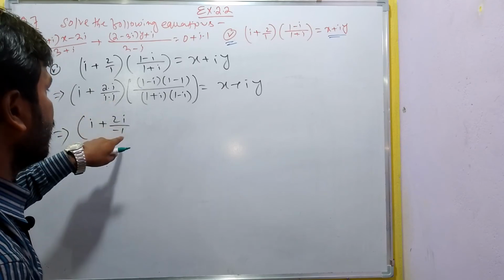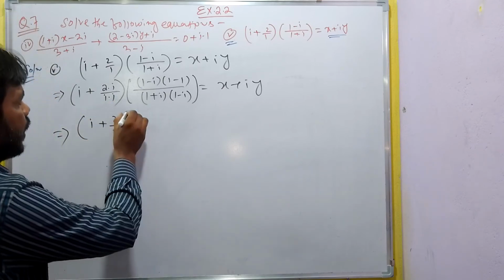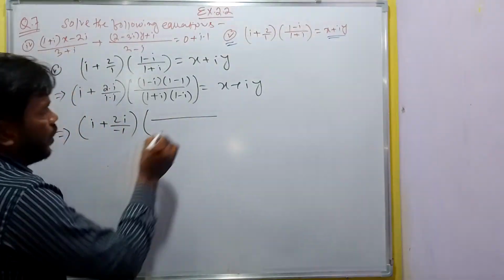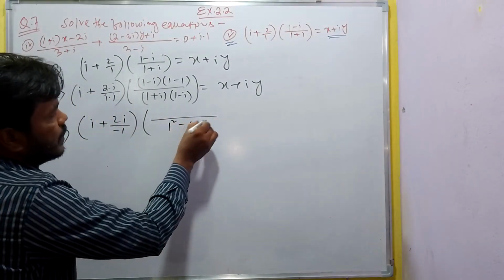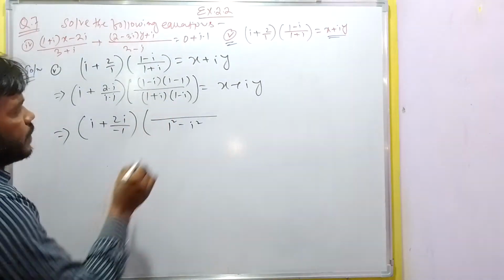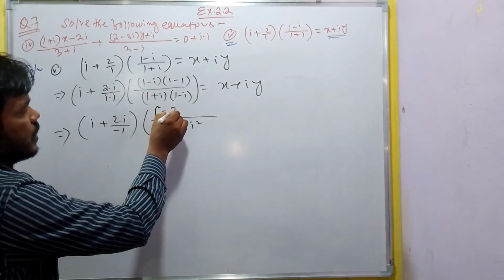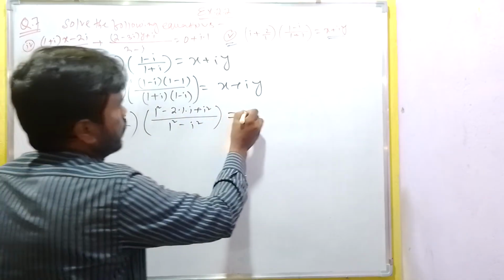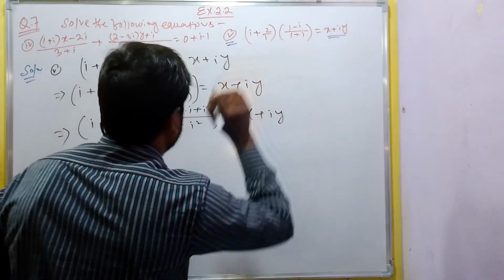So i squared equals -1. Now in this one you can see denominator 1 squared minus i squared, then numerator (a - b) whole squared. So 1 squared - 2 into 1 into i + i squared = x + iy.